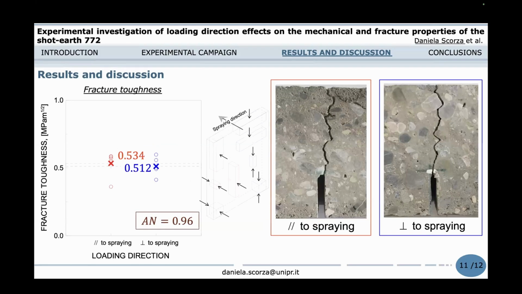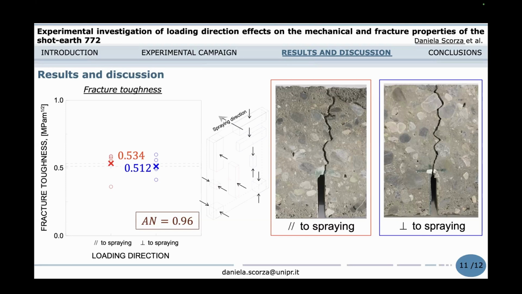Finally, the fracture toughness values are plotted in the figure on the left-hand side, showing that the mean value of fracture toughness obtained from the specimens loaded parallel to the spline direction is equal to 0.534, whereas a value of 0.512 is obtained for the specimens loaded perpendicularly.